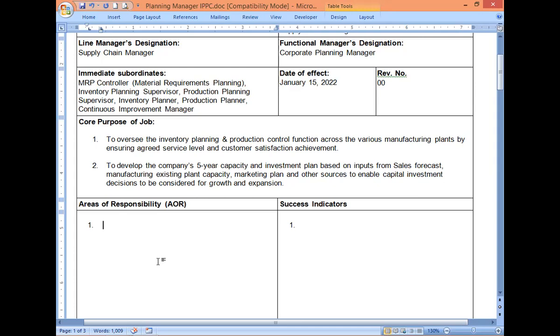To develop the company's 5-year capacity and investment plan based on inputs from sales forecast, manufacturing existing plant capacity, marketing plan, and other sources. I'm talking about, as I said earlier, product development, doing some trial runs on some production lines. Other sources to enable capital investment decisions to be considered for growth and expansion. I think that would be okay.